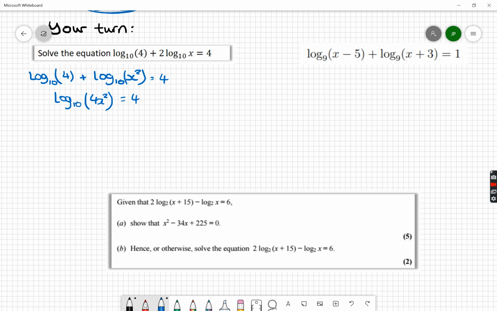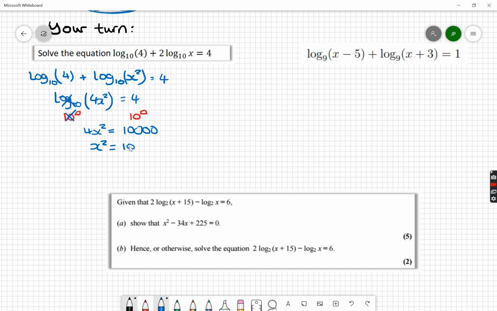The opposite of doing log 10 is to do 10 to the power of either side. So I cancel out my log base 10. 4x squared is 10 to the power of 4, which will give me 10,000.